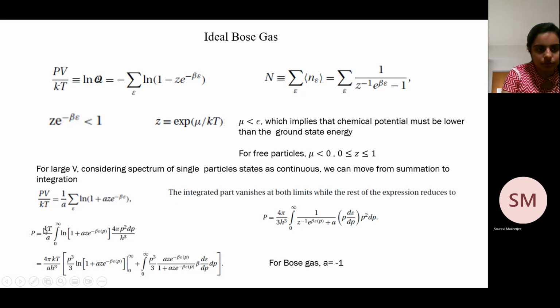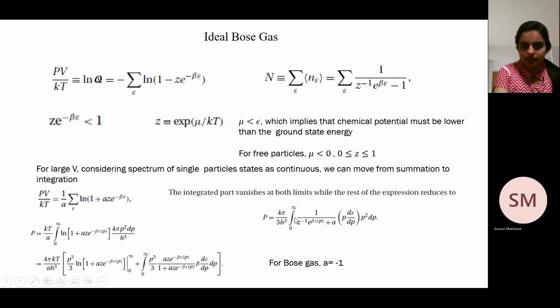So in a way, you can write P is equal to kT by A, and then this integration, where you can see that you have changed to spherical polar coordinates, so d3p is now written as 4 pi p squared dp, right? And then if you do the integration, you'll see that this term goes to 0.